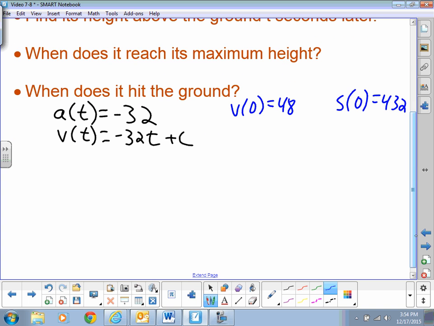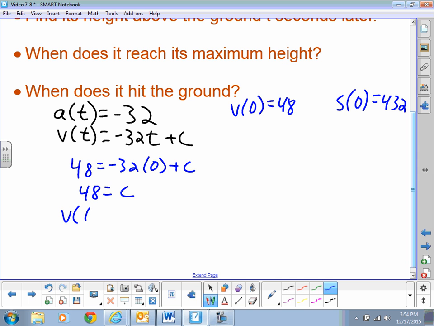So we'll use our v0 equals 48 to find our constant. This will just give us that c is 48. So our actual velocity function is just negative 32t plus 48.